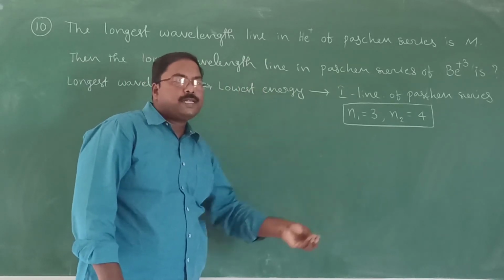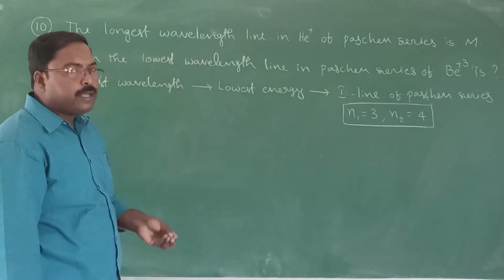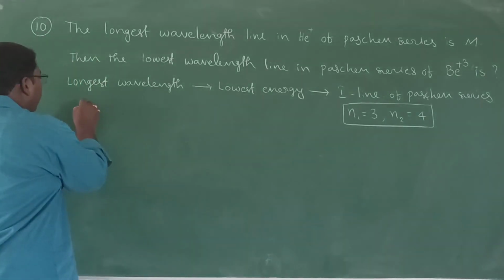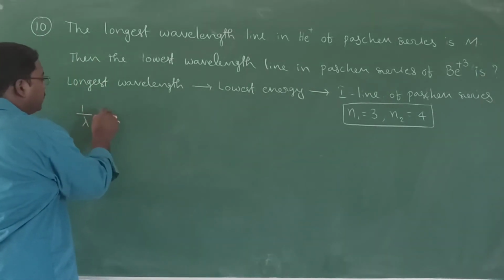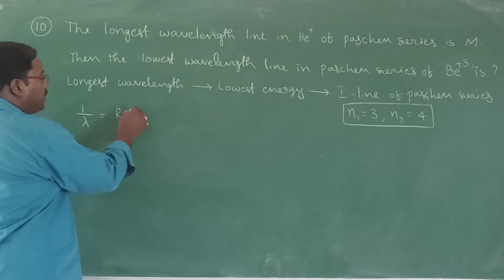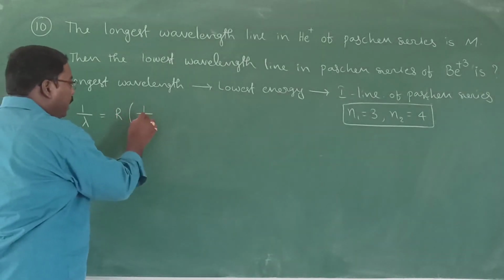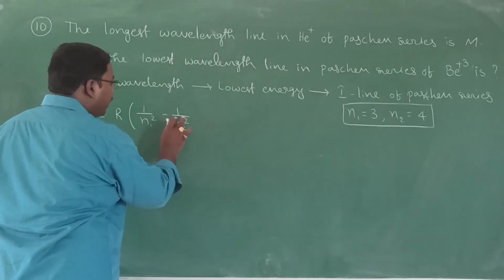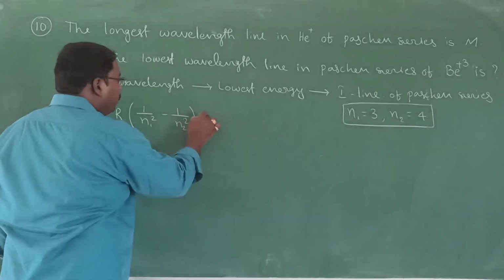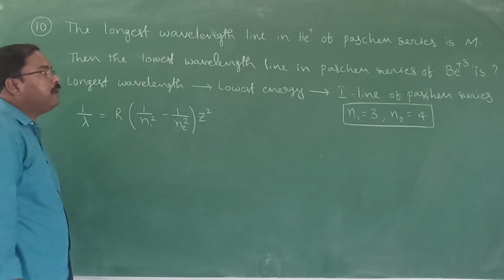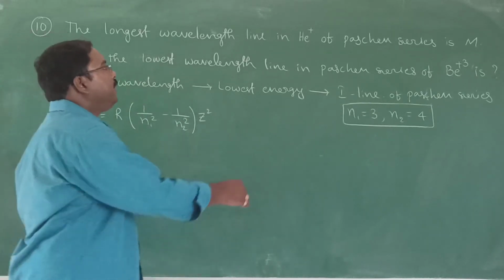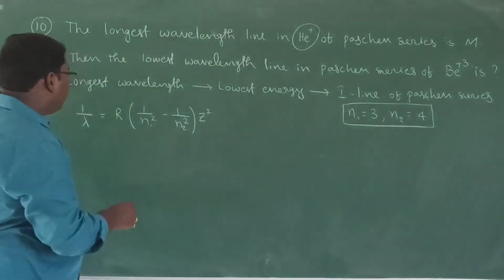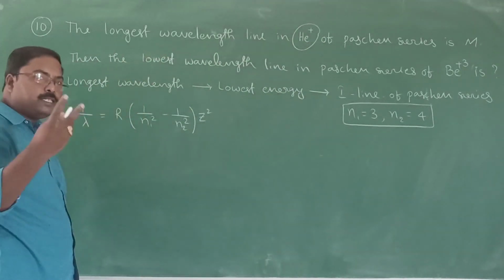First of all, let us write the formula to calculate wavelength. What is the formula we have? 1 by lambda is equal to RH into 1 by N1 square minus 1 by N2 square into Z square. Which atom is given? Helium. For helium, atomic number is 2.